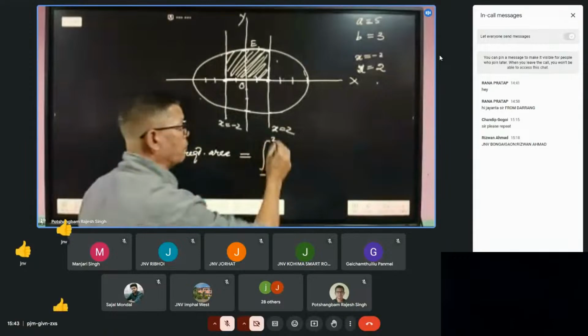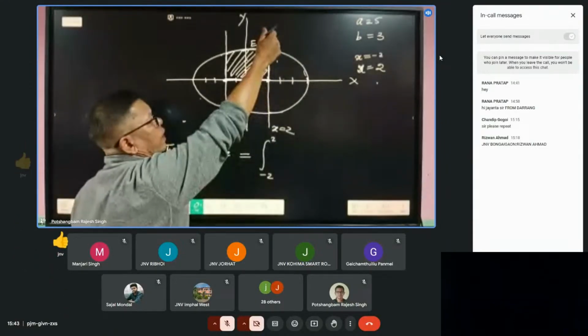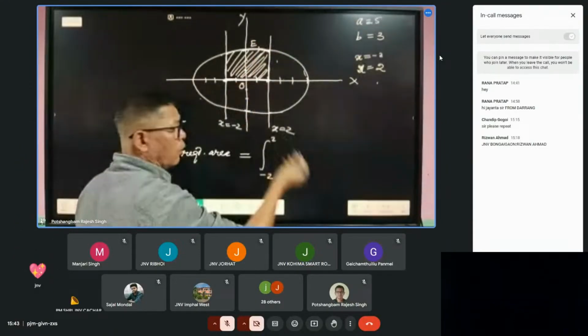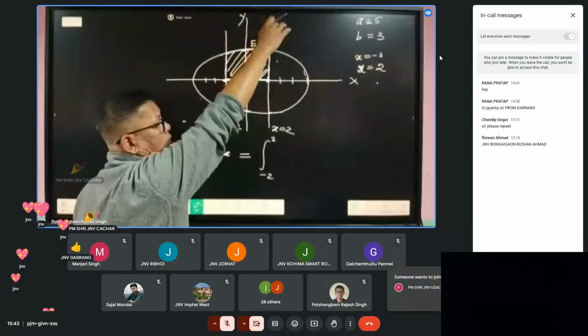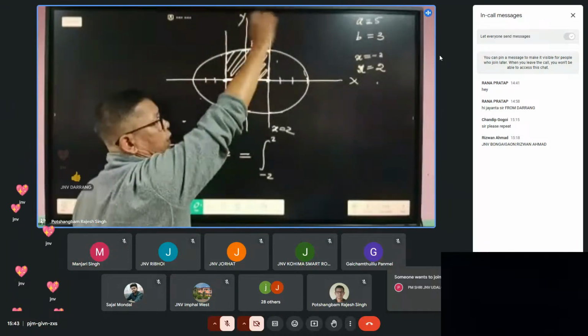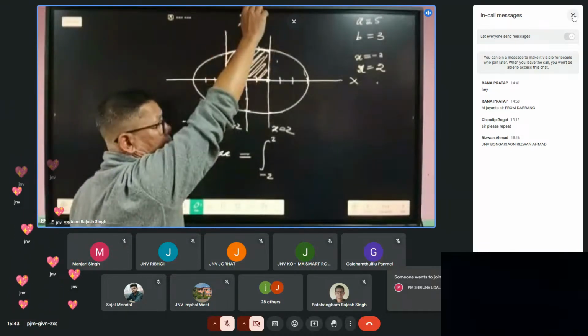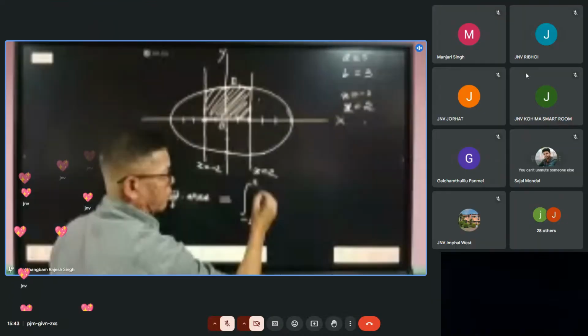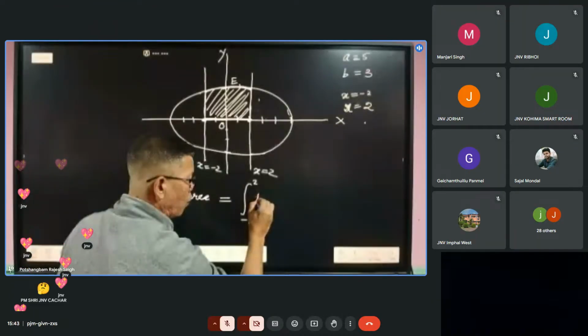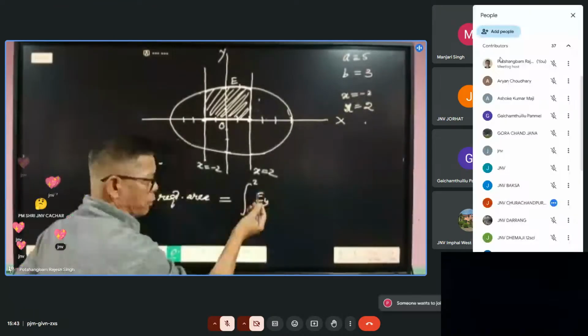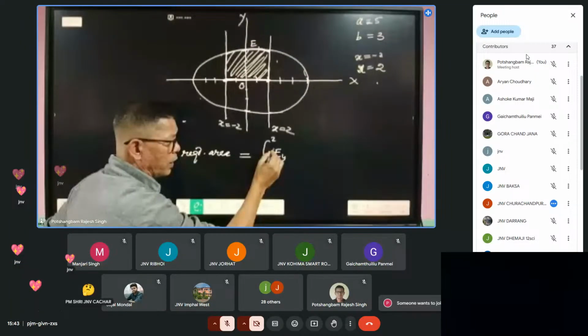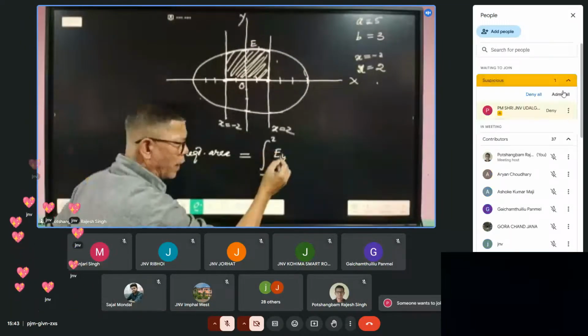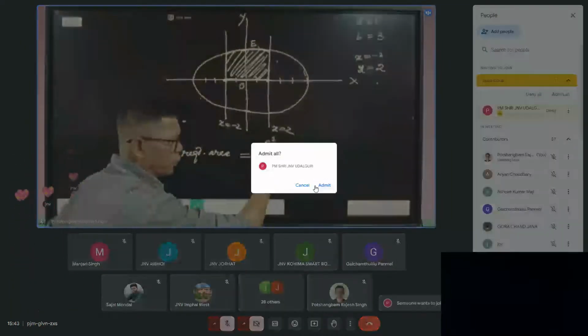And as I already mentioned, if you are going to find the area with respect to the x-axis, the value of y from the equation of the ellipse, I already put in the box. That value of y should be right here. From the equation of the ellipse, we found the value of y, and that value of y should be put here.